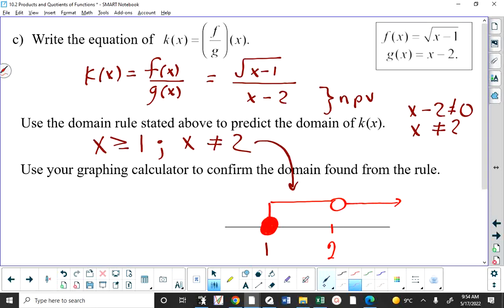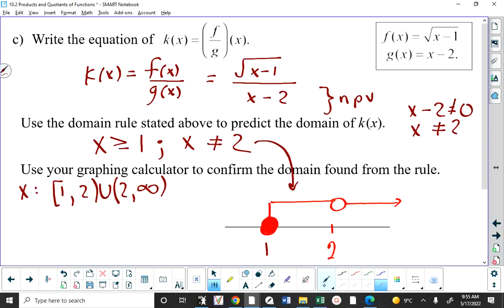That's what that's saying. So another way we could write this is you could say x is an element of 1 to 2, but not including 2, in union with 2, not including 2, obviously, to infinity. And we don't include infinity with a square bracket because infinity is never something you can actually achieve.